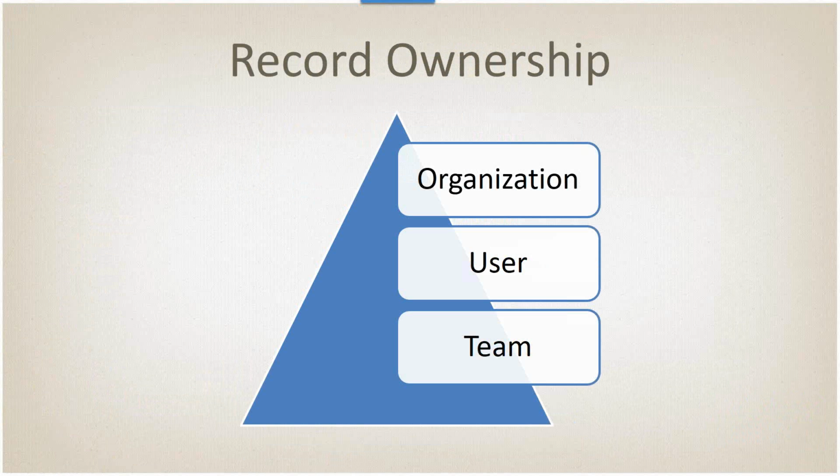When you have a record that is owned by the organization, it's either on or off. You can see it or you cannot see it. There's nothing in between, really, in most cases. With users and teams, you have much more granular access, and you can set it based on business unit or parent-child business units or organization. That gives you that level.